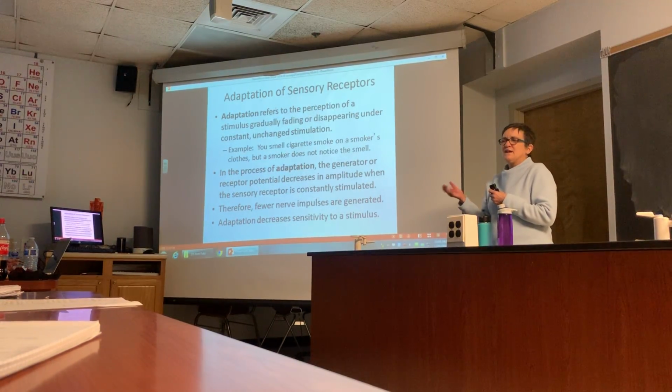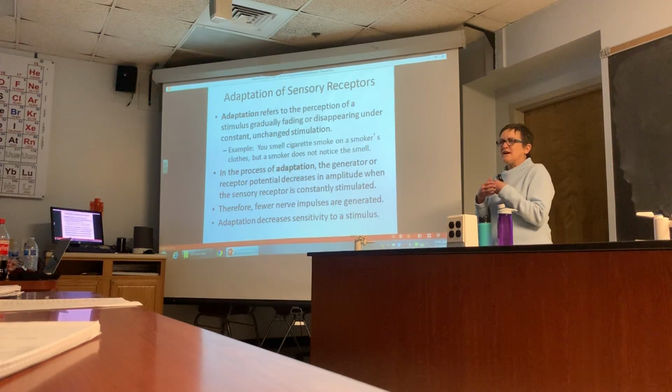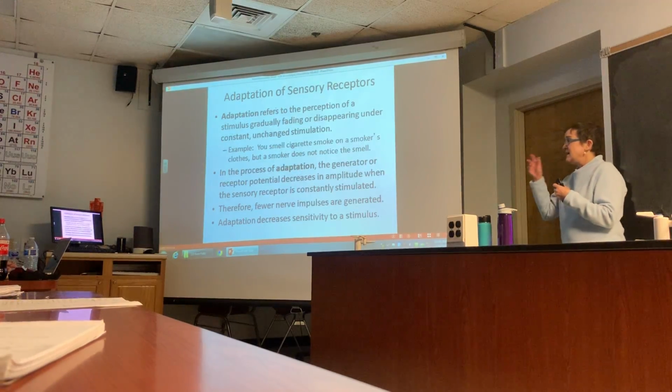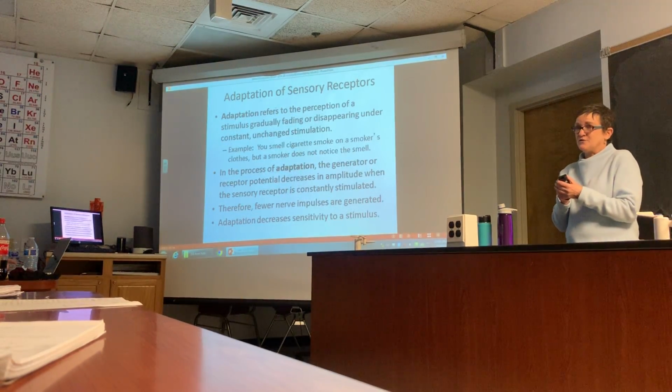Does that make sense? Touch reception is often fast adapting, and if your neurons don't adapt, you're going to feel that longer, and it's going to be more distracting for longer periods of time. So it could be at the sensory neuron level, but I don't know for sure.